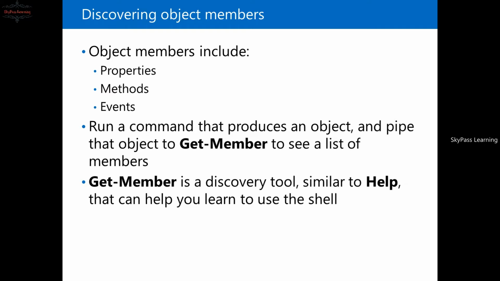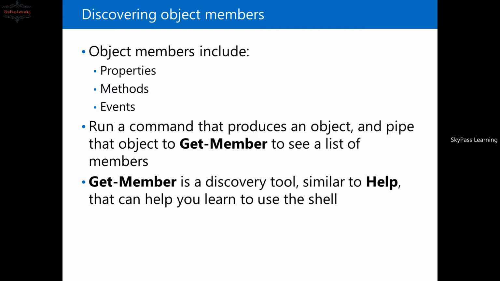Okay, so objects can be identified on the basis of properties, methods, events, the membership. That means if you are trying to discover some objects, I will show you how we can do that. Whenever you put a command with Get-Member, it's always associated with another specific type of command.